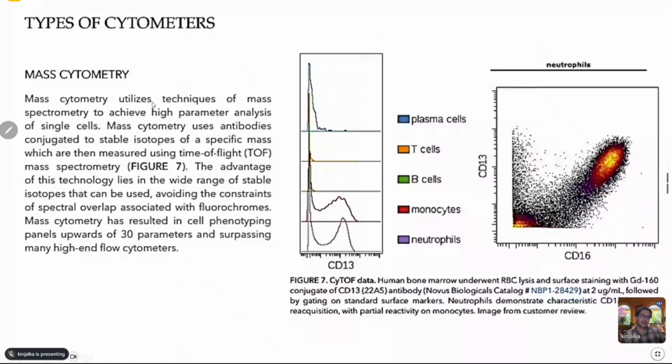Then recently, in the last 7-8 odd years, there's been a lot of interest in mass cytometry. The rationale being, what if we replace the fluorophores with inner transition metals or heavy metals like lanthanides, right? So in this case, there are specific heavy metals or lanthanide group of metals that they have used to tag the antibodies.